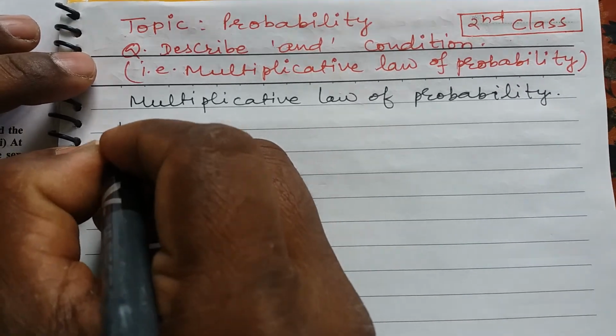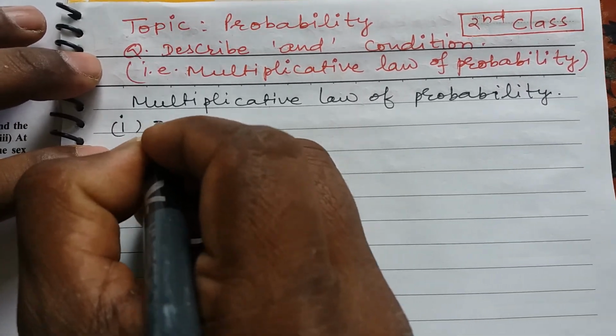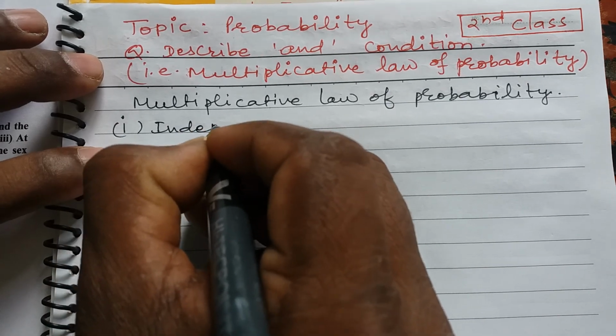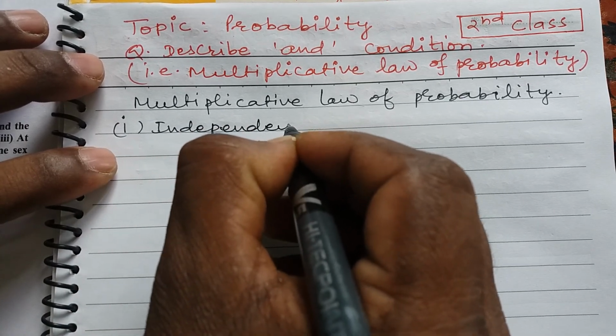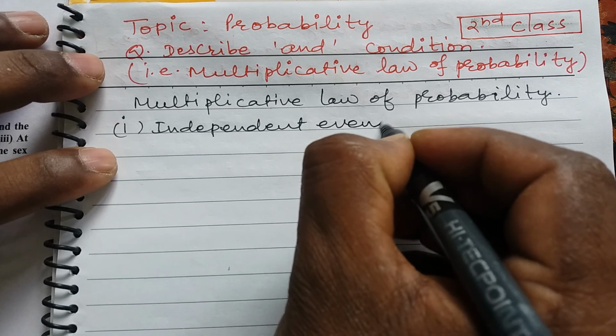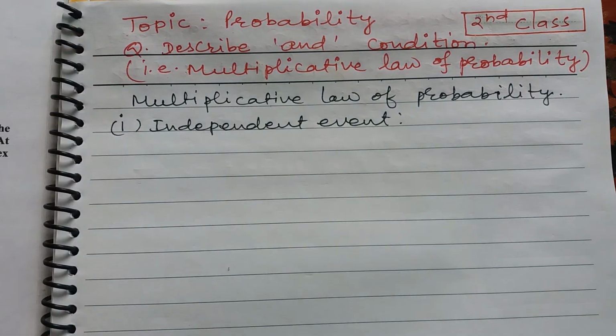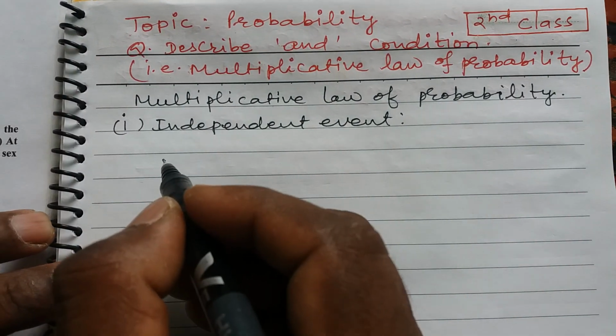Here first one is independent event. For this independent event I am going to take one example.